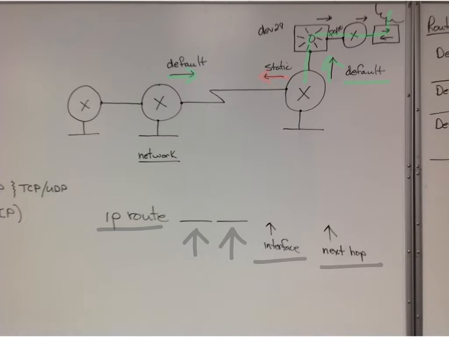Default out, you would need a static back in. And we took the lab and adjusted and developed new addressing here on the inside, and then we worked to get out to the internet. And we worked on that a couple days.